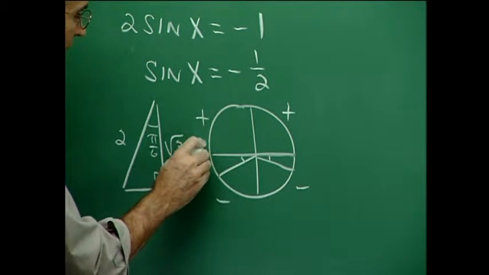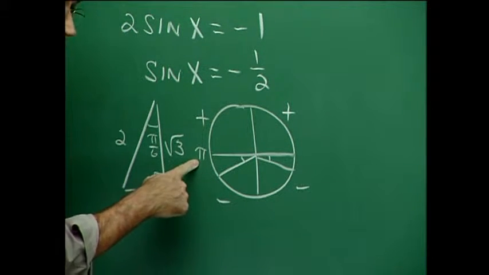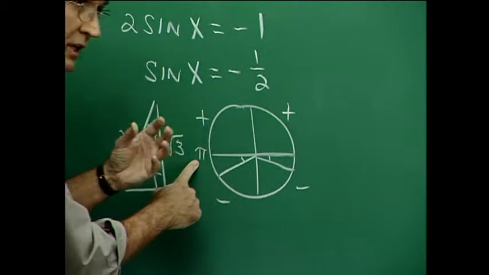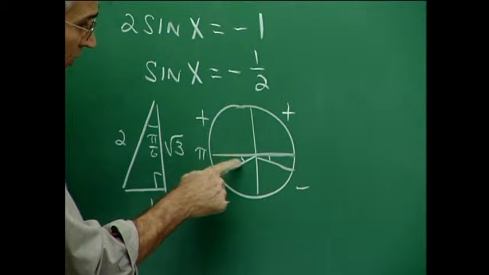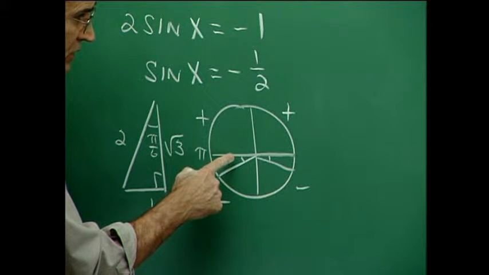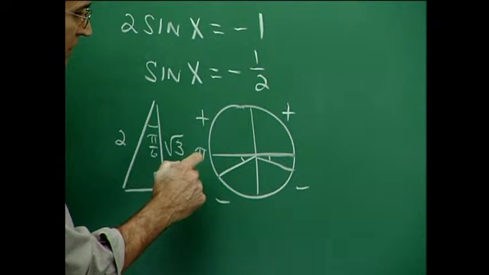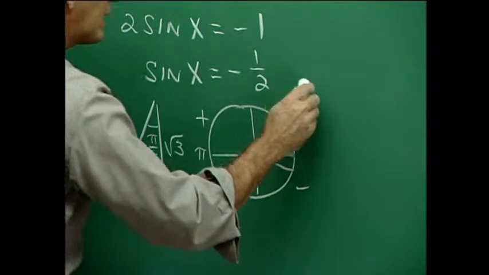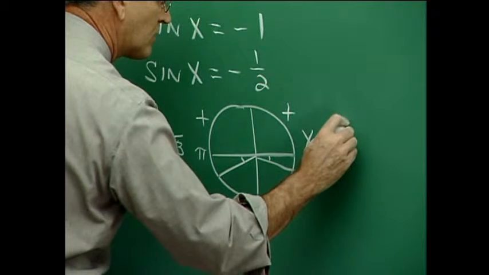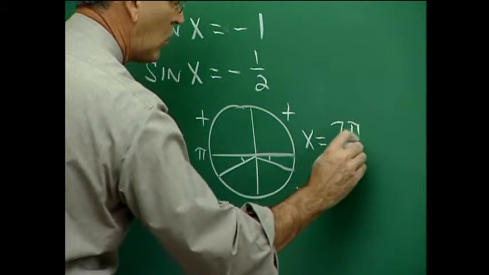We think about pi here. Pi in terms of sixths is 6 pi over 6. And 6 pi over 6 plus 1 more pi over 6 is 7 pi over 6. So one solution is 7 pi over 6. So x is 7 pi over 6.